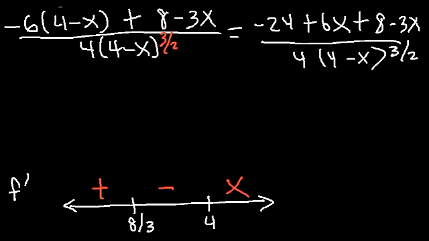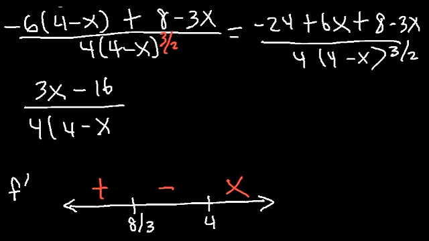Negative 24 plus 8 is negative 16, and 6x minus 3x is 3x. So we have 3x minus 16. So this is going to be the second derivative.